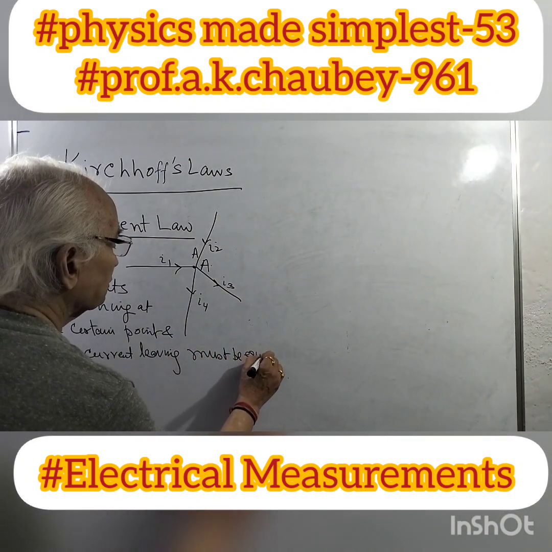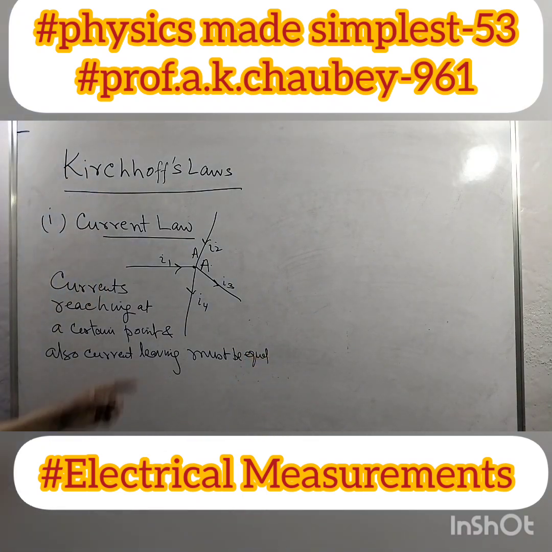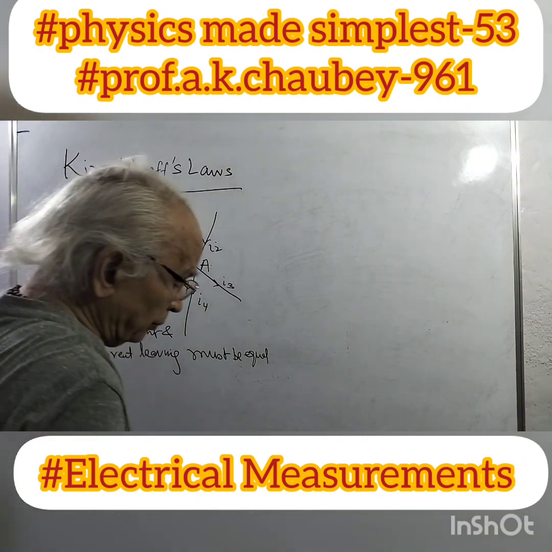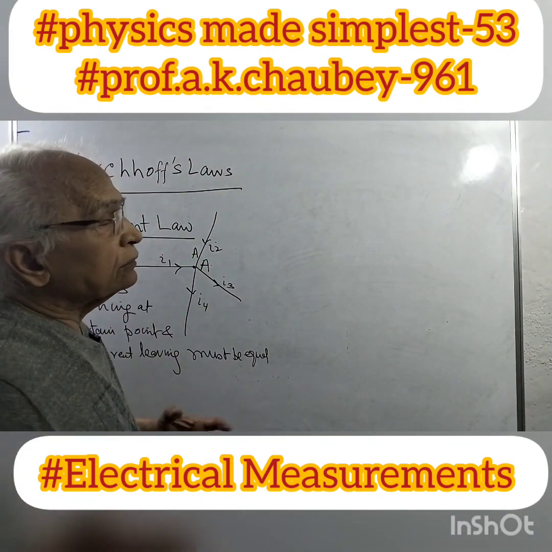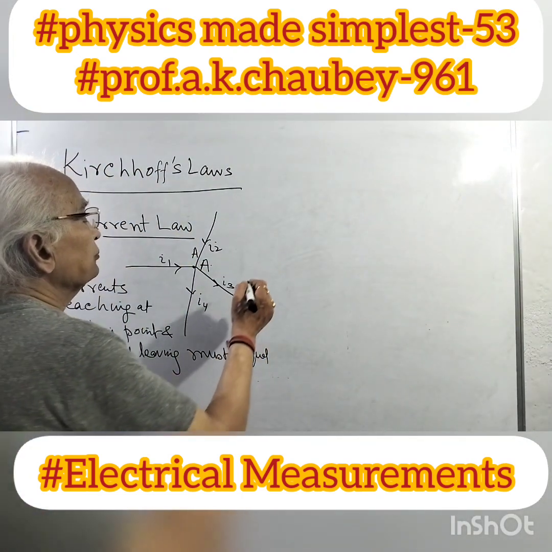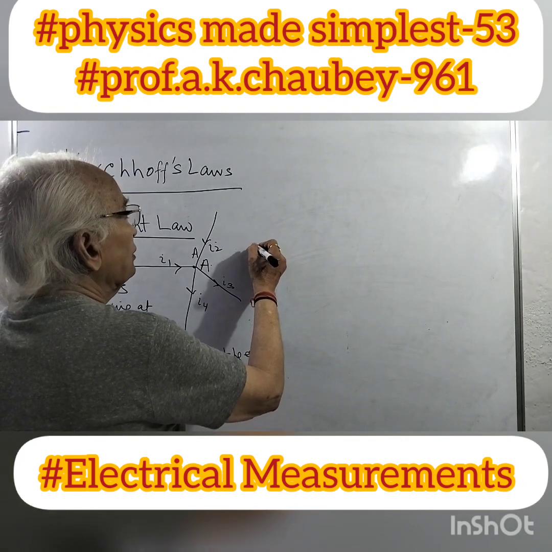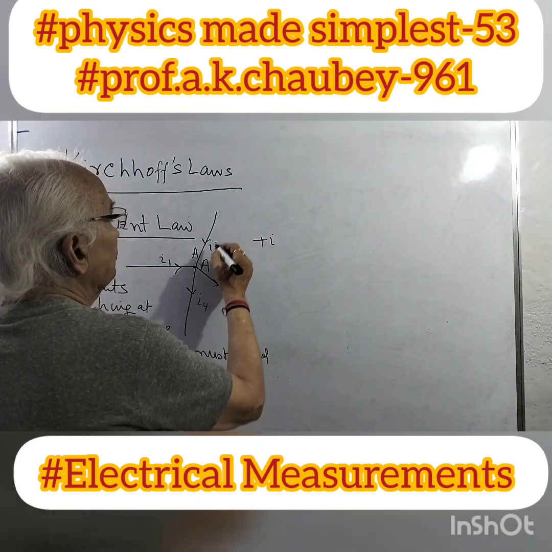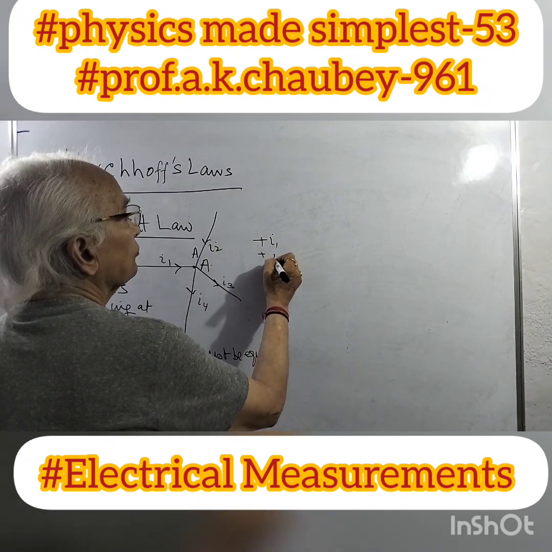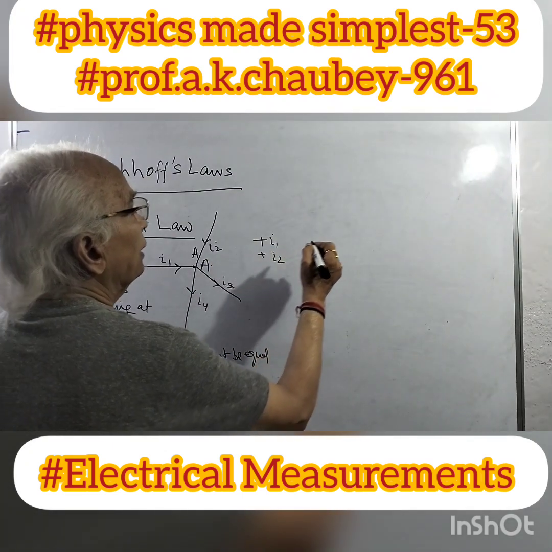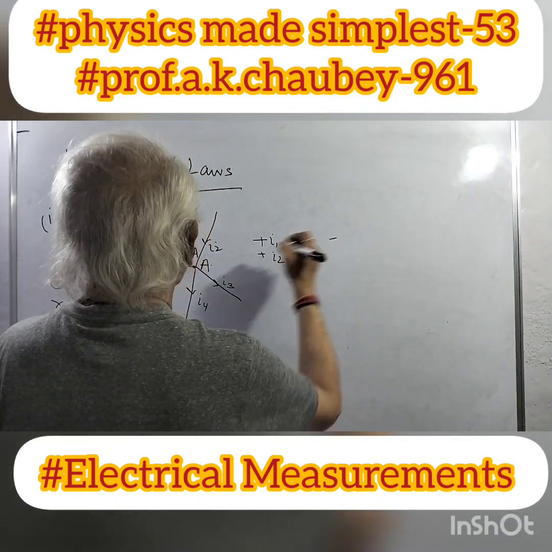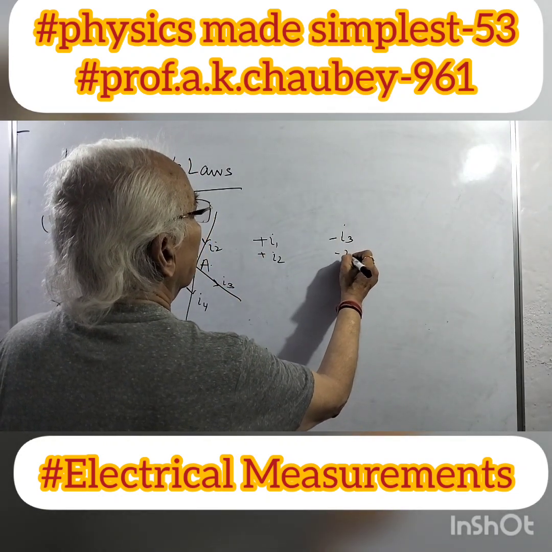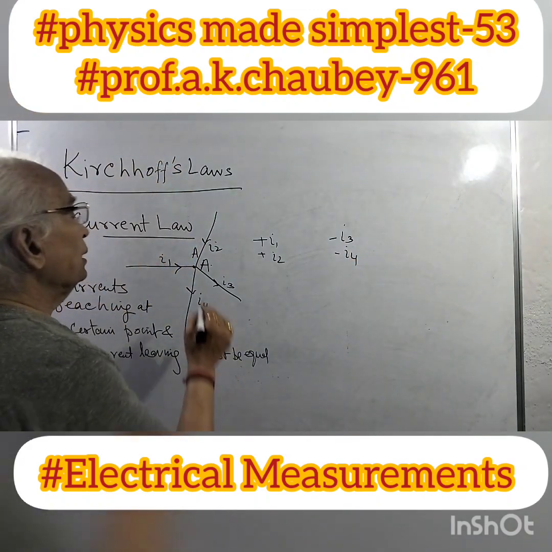What do you mean by this? It means that if current reaching is taken as positive, then current leaving is taken as negative. Say I1 current reaching plus I2, and current leaving minus I3 minus I4. So what does it mean?